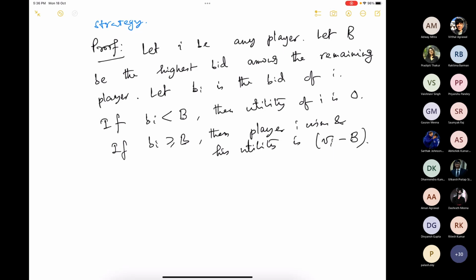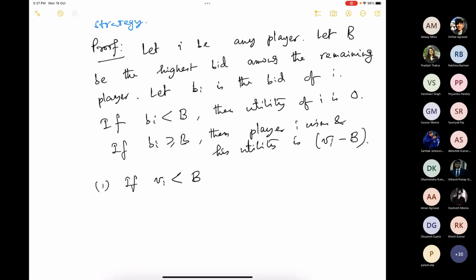So consider two cases. First case is if Vi is less than B. That means when we are arguing about player i, we are keeping all the other players fixed.